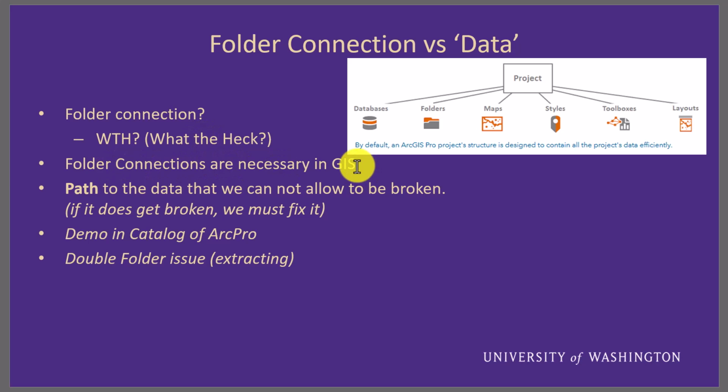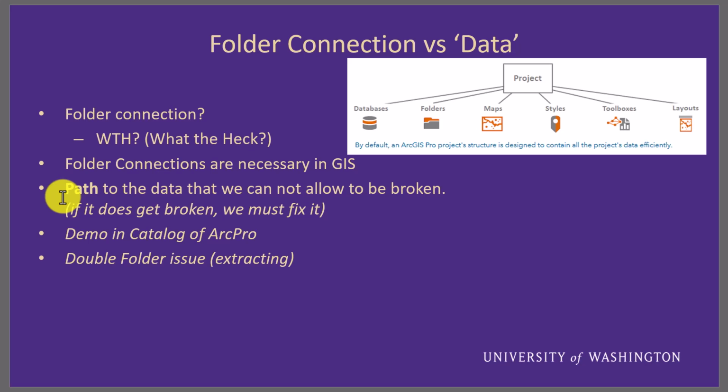Folder connections are necessary in GIS, and it's how we relate our data to our Arc Pro project. It is a path to the data that we cannot allow to be broken. If it does get broken, we can fix it, but it's easier if we never break that path. Think of it as an imaginary line or directions.